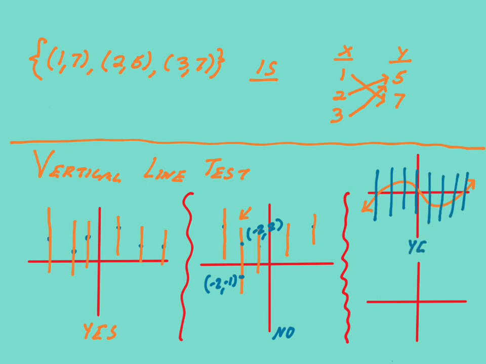So that's a yes. But let's make a no. A circle is not a function because we could put a vertical line through it, and right there, among other places, each x has a different y value.